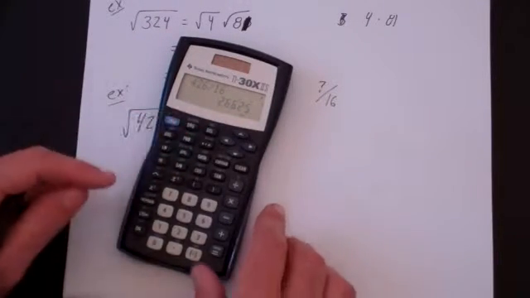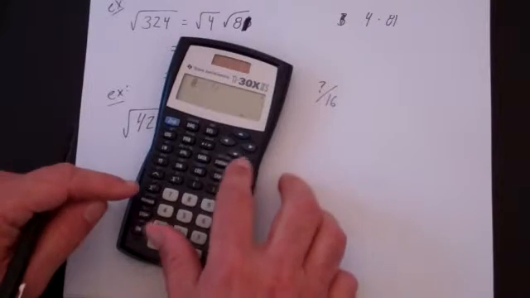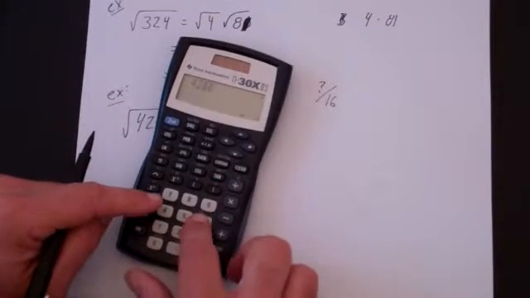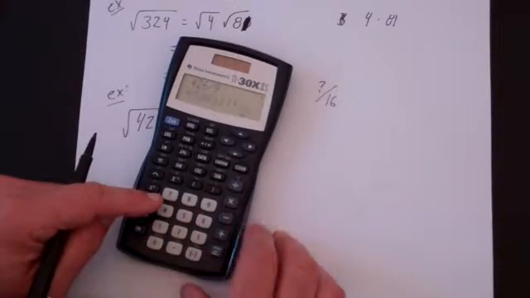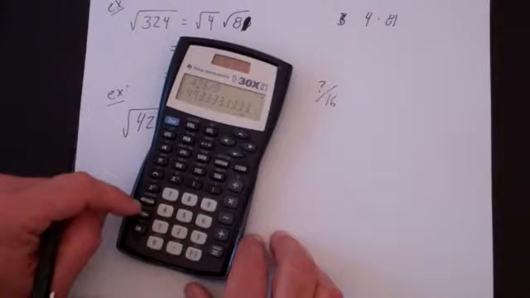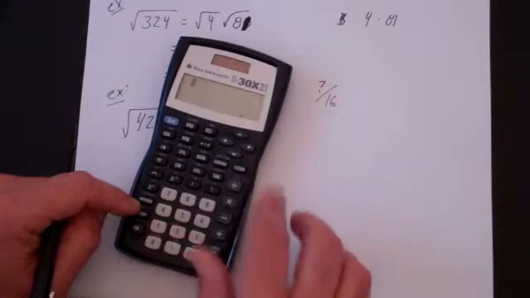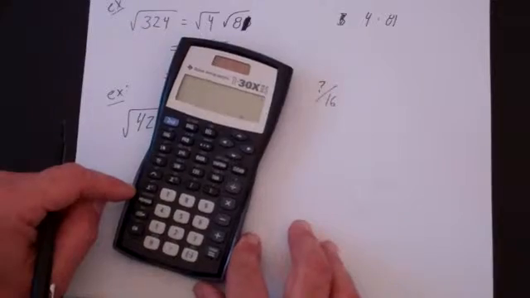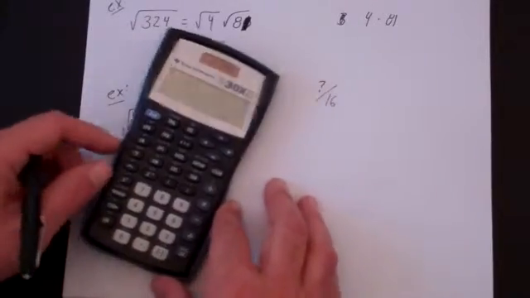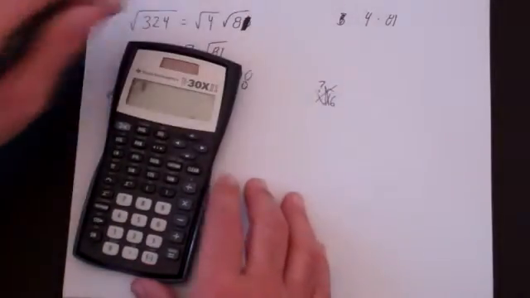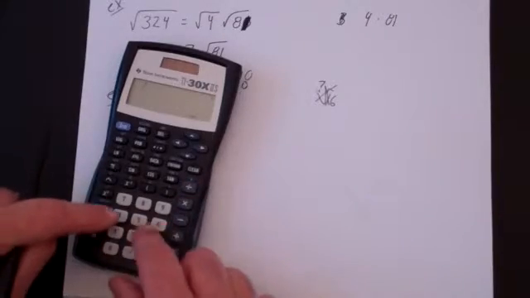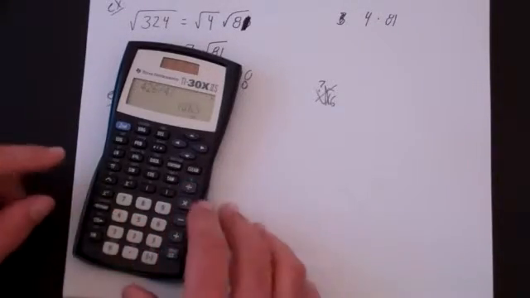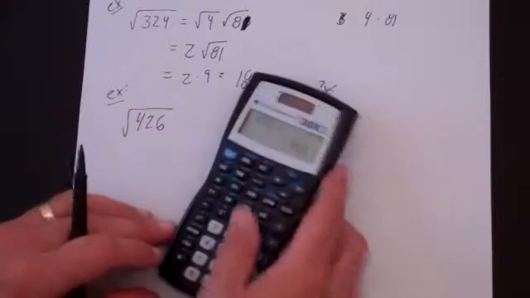This one doesn't work. So let's try 9. 426 divided by 9 doesn't work. Let's try 4. It looks like there's not going to be anything easier than 4, so let's try that. 426 divided by 4, and that doesn't go either.